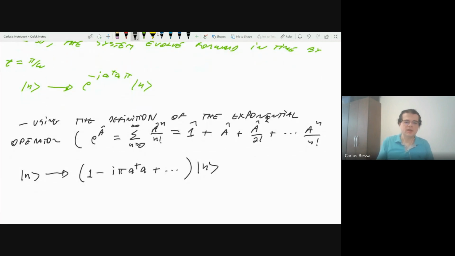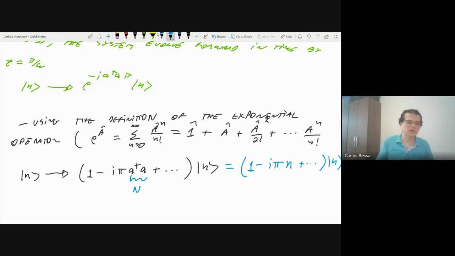We can check that this is the definition of the n operator. In fact, this will be just 1 minus i pi, and this applied to n is just the small n, plus the other terms.